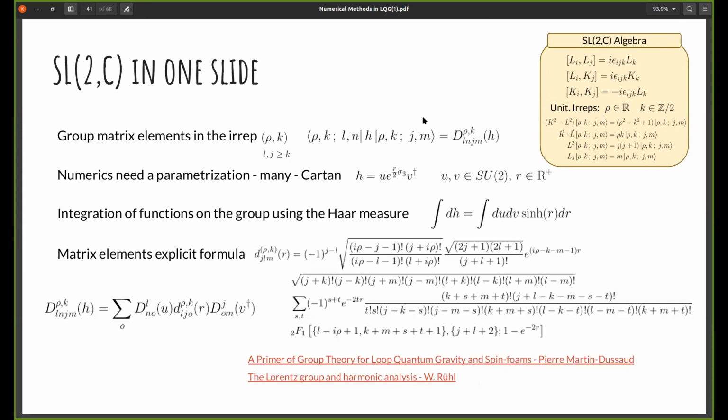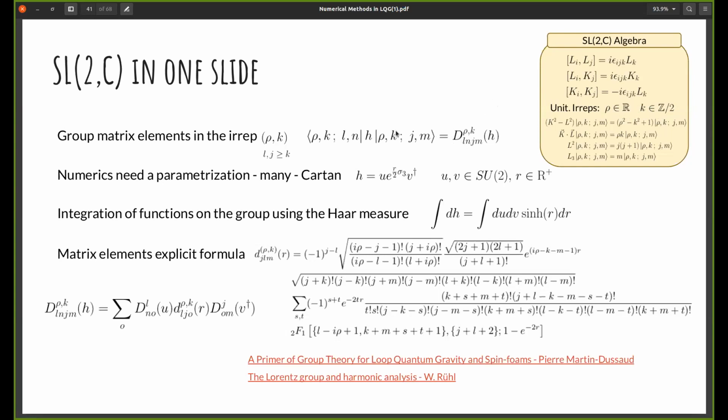What are the ingredients that I need? Well, I need the fact that SL(2,C) is a non-compact group, and I need the unitary irreducible representations in the principal series that are labeled by a real number, rho, and a spin, an integer, k.